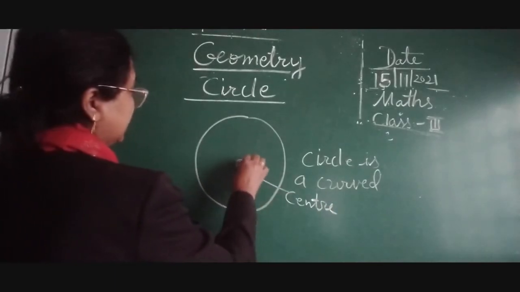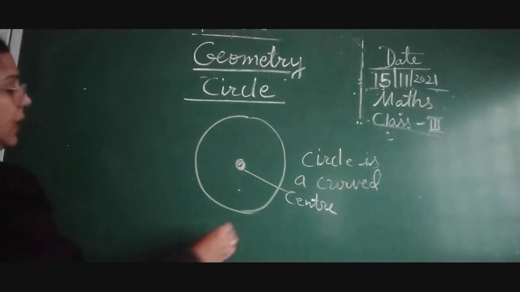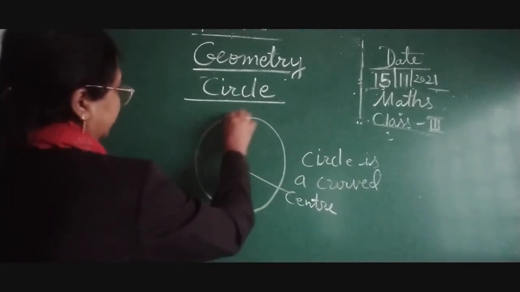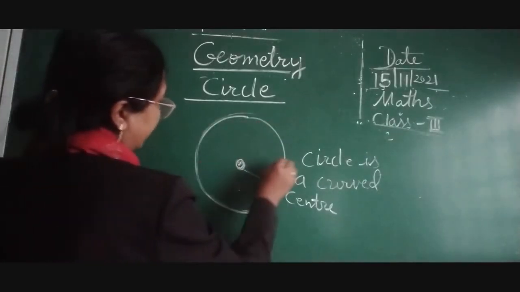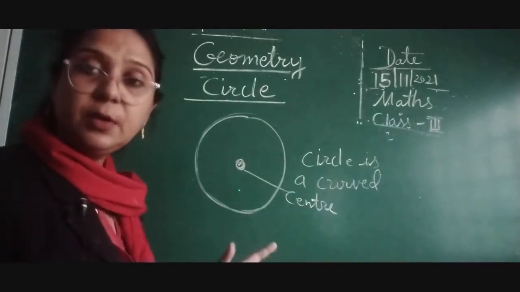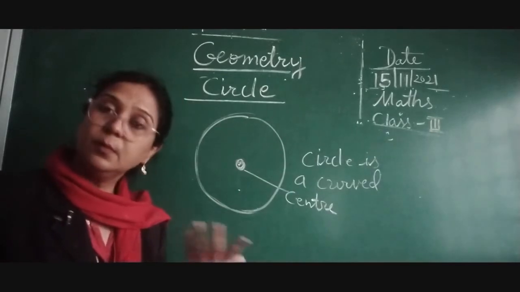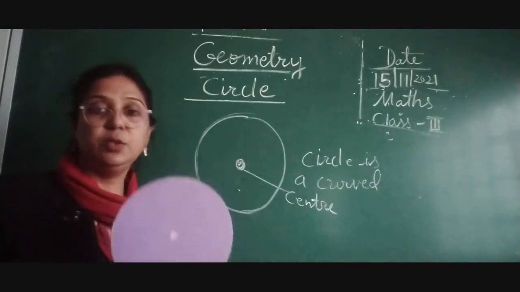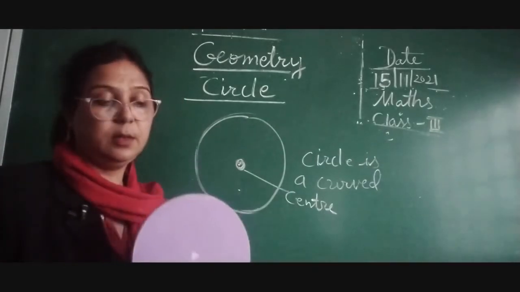So 0 is the center of the circle and it's having a curve, and we can divide it into many parts equally. So curved, we can say half curved, these are the things we can do. So this is circle. Okay children.